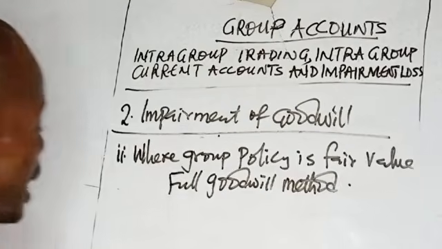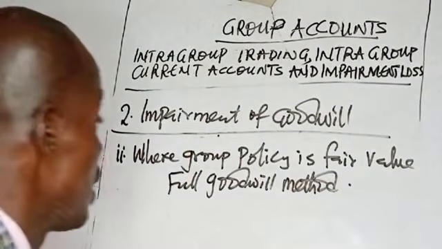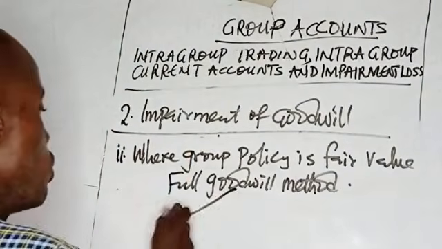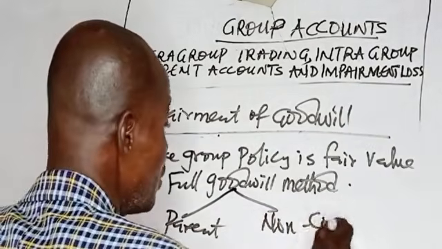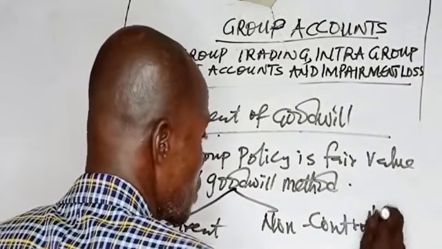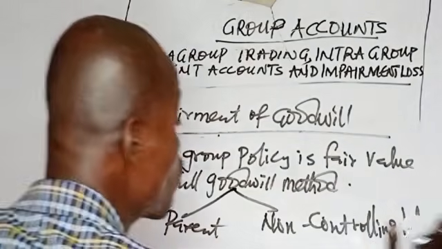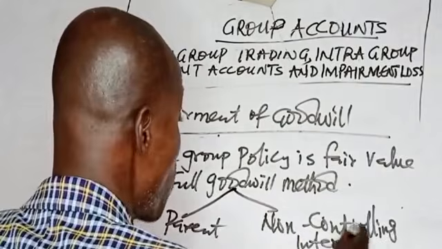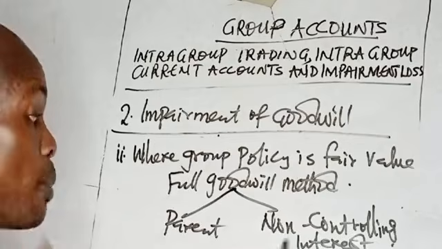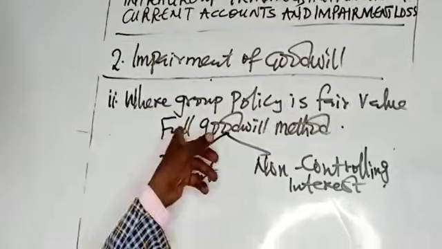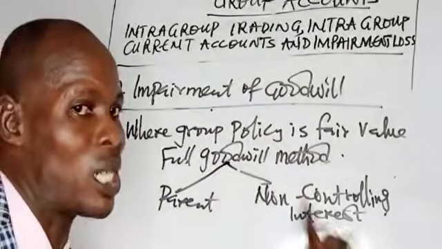The old method only recognizes one type of goodwill, while the new method, the fair value, recognizes two types: the goodwill attributable to the parent and the goodwill attributable to non-controlling interest. That is why this method is also called the full goodwill method.